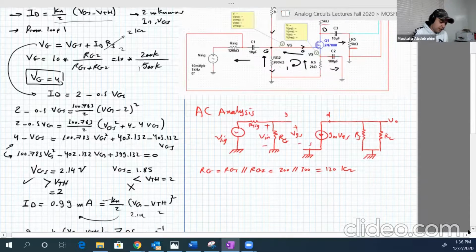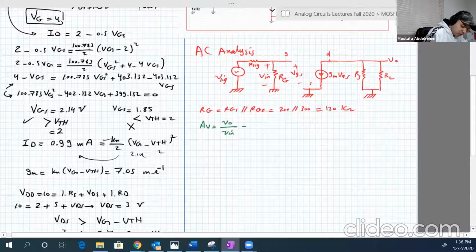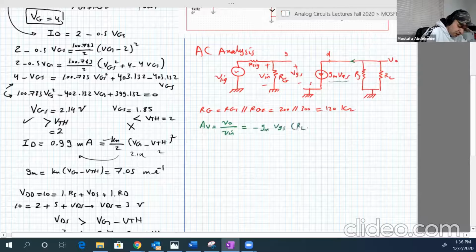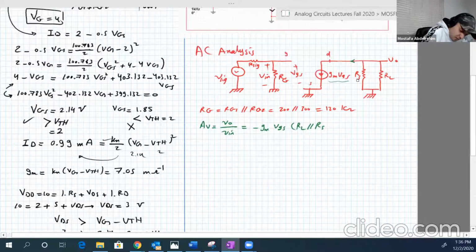Okay, now let's get AV and other stuff. So AV is equal to VO over the input. VO is the current through RL and RD multiplied by the parallel combination of them. And this current is GM VGS, so minus GM VGS times RL parallel RD. I'm sorry, this is RD, not RS.